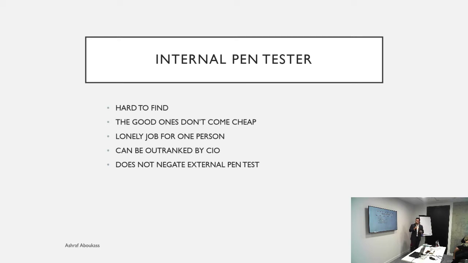So great if you can get one, if you have the budget. But I'm undecided if you get too much value out of having your own internal pen tester. Having said that, most of your security guys that work in your information security department should be security engineers and do a number of internal tests, which I'll talk about anyway.